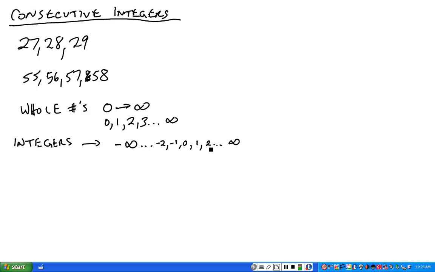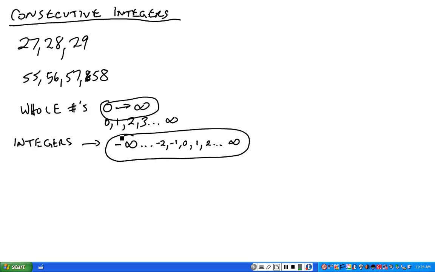The difference is that whole numbers start at 0 and go to positive infinity, whereas integers start at negative infinity and go to positive infinity. So integers take into account the negative side of the number line, whereas whole numbers do not.